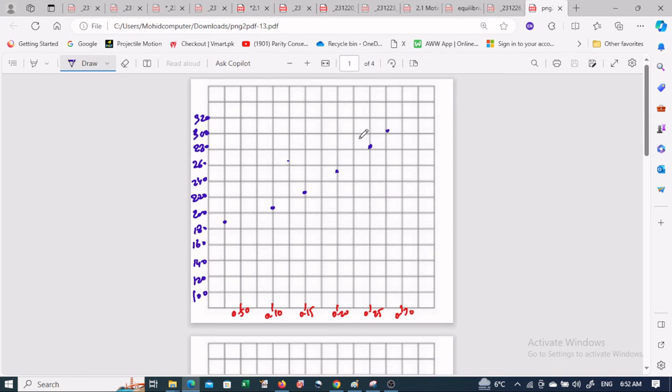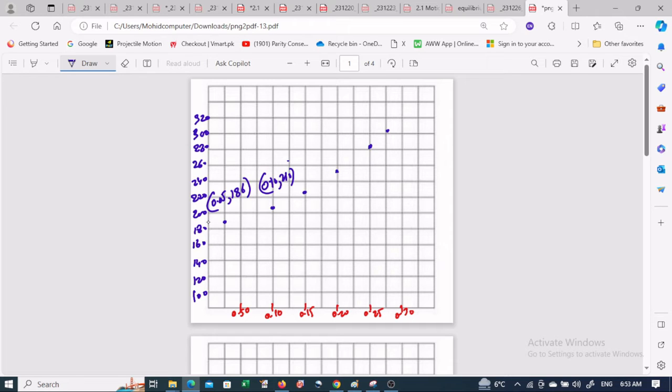Okay, so I draw the graph between these two points. Our first value is 0.05, and on the y-axis we have 186. So this is our first point, 0.05 and 186. This is the second point, 0.10 and 210.